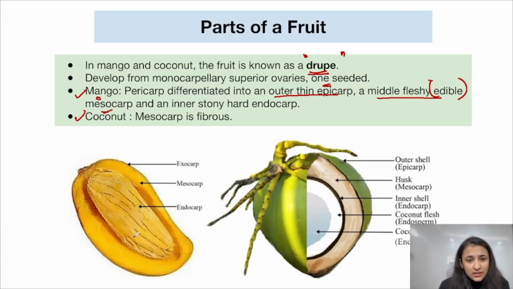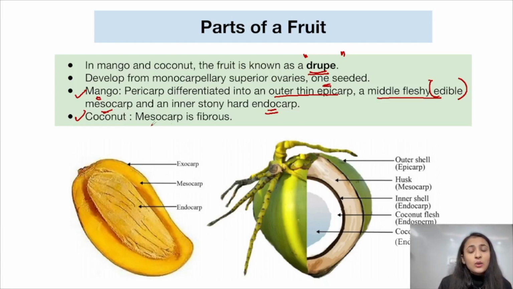So this region here, this hard, stony region here is the endocarp. Okay, these are the three layers of the pericarp of mango. The inner region, which is very stony, in Hindi we call it gutli, right? But inside that endocarp is present the seed of mango.